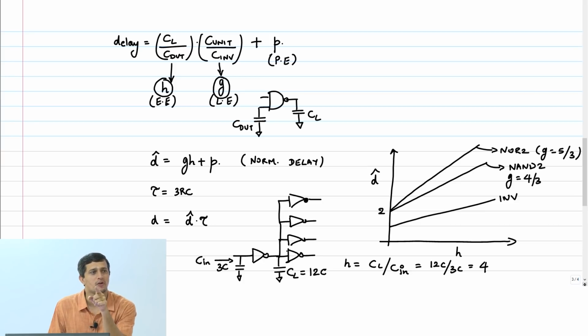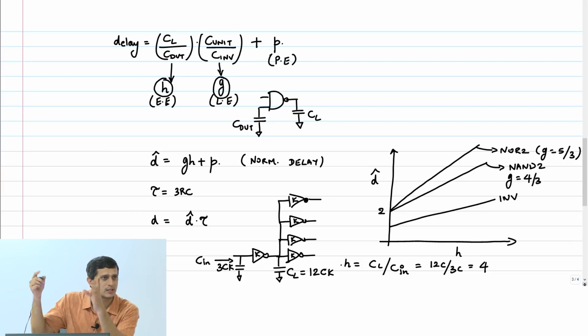Now you think about this. Suppose this inverter were not the unit inverter and instead I upsized everything by a factor of k. Everything. The whole thing went up by a factor of k. Then what would happen? All capacitances would go up by a factor of k. Correct? That's the only thing that is going to affect the delay, H, because of the gate sizing.